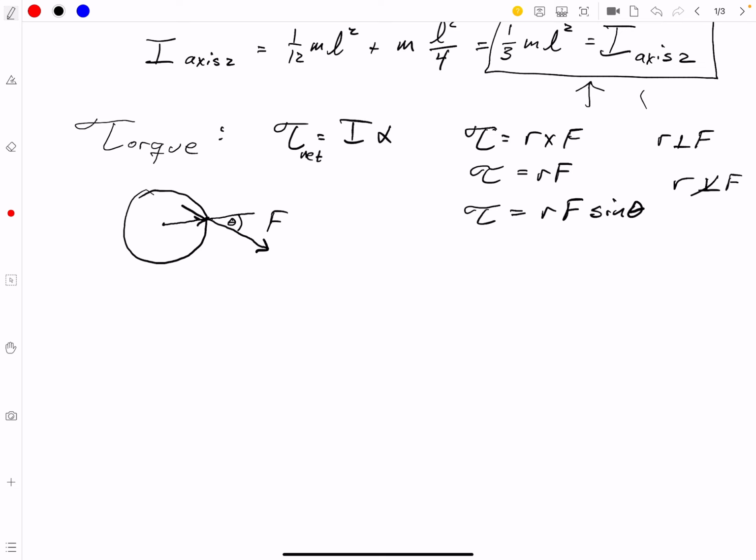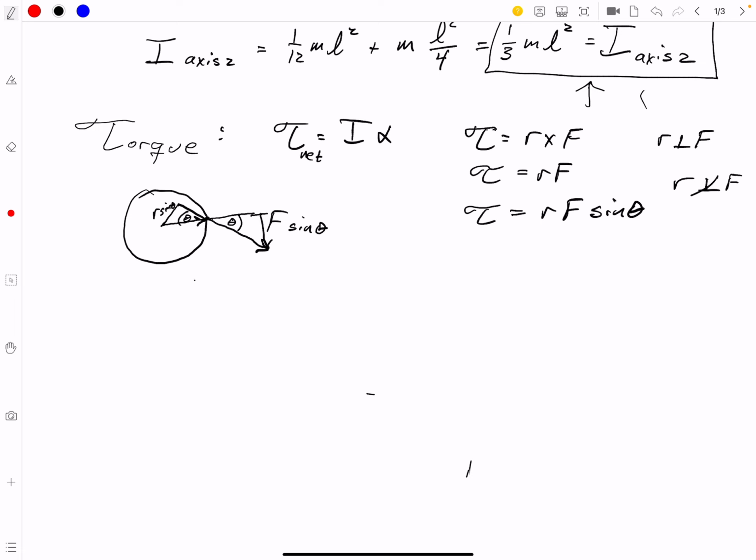If you lay it out so that they are perpendicular, it turns out that the equivalent radius is r sine theta, and the equivalent force is F sine theta. So you can do it two different ways.